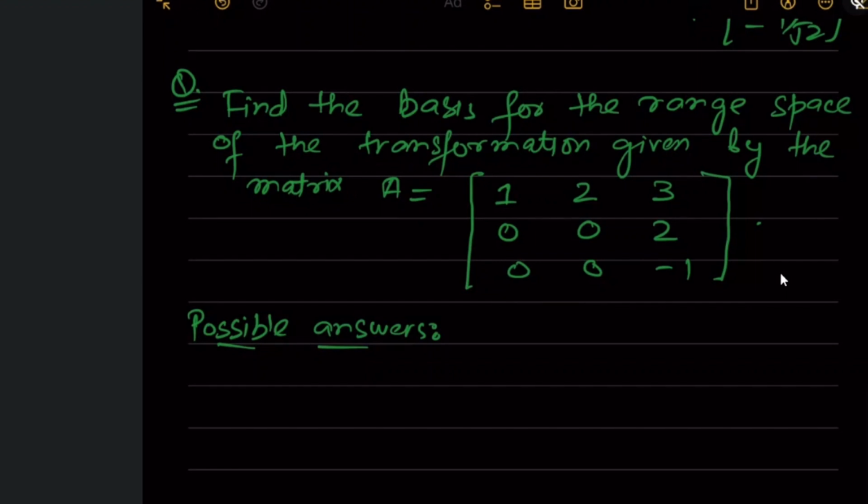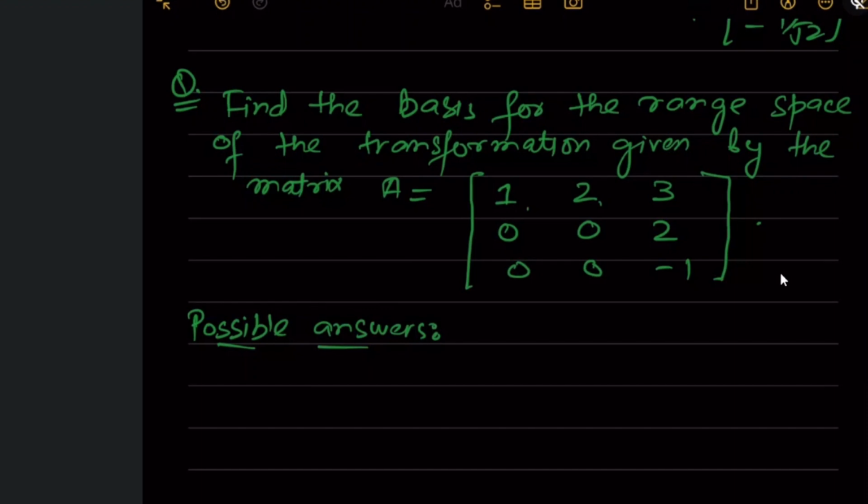So for that, if we have to find the basis and you look at this matrix, you can visually get the answer. See, the first and second columns are linearly dependent, right? So column 1 and column 2 are linearly dependent.